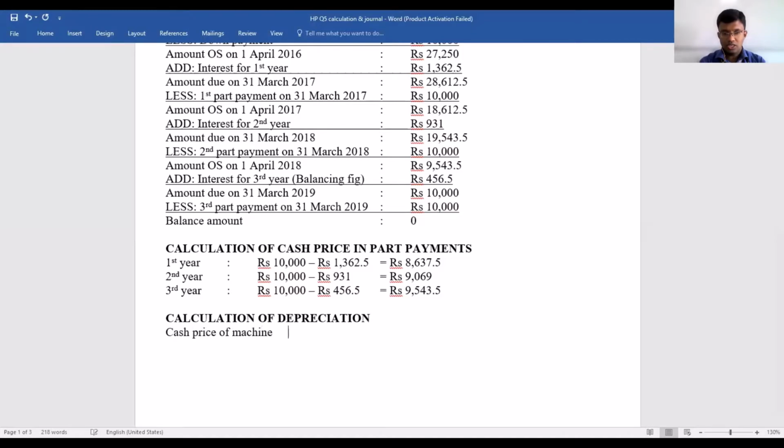So cash price of the machine will work out to be rupees 37,250 less depreciation for first year. So depreciation for first year would be 10% of 37,250, which will be 3,725.